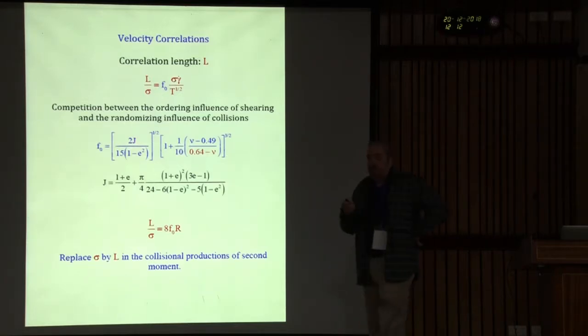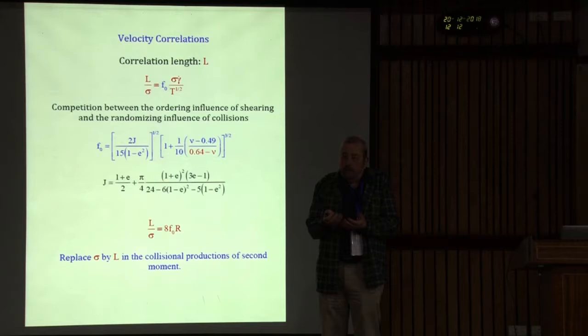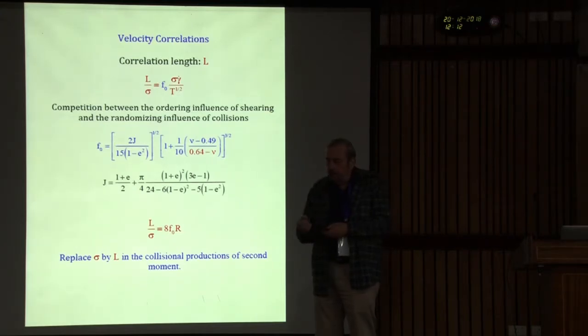Okay, so we're going to adopt that length scale, and then the question is, how do we employ that length scale? And in the simpler theory, we employ that length scale to replace the diameter in the rate of collisional dissipation of energy, to replace the diameter that appears there with that length scale.